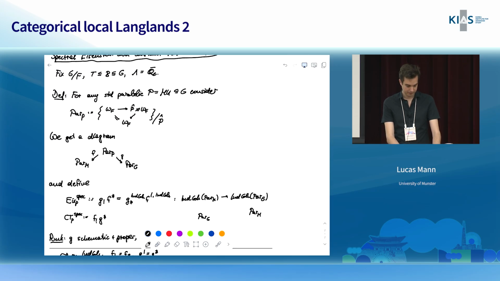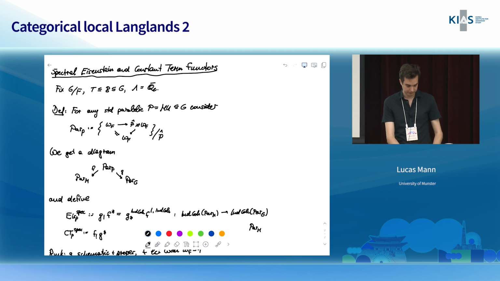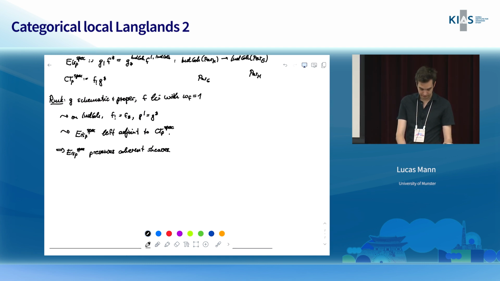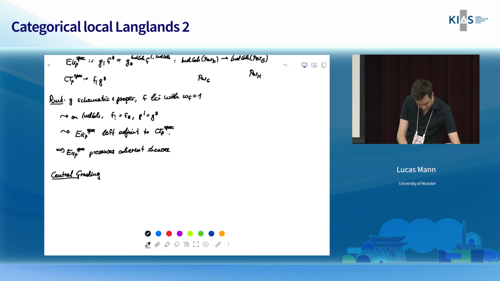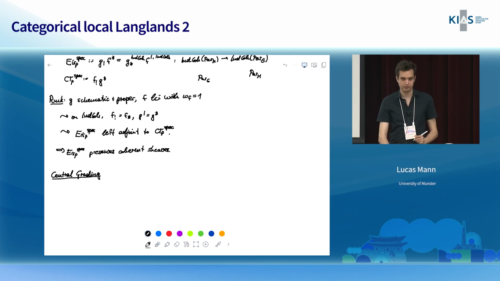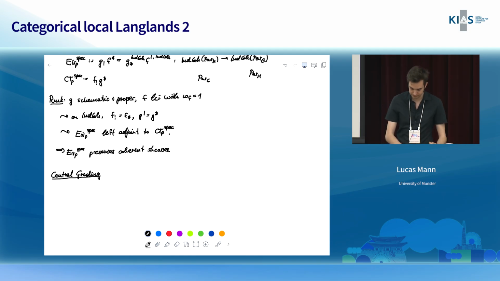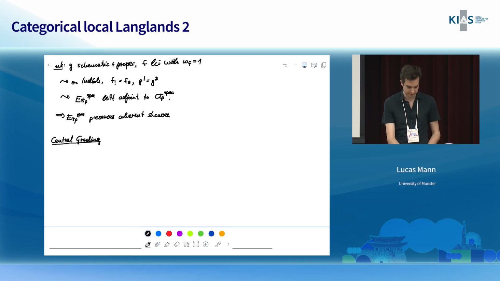Okay, so I've introduced these Eisenstein and constant term functors, and then there's one last ingredient I need in order to state the spectral geometric lemma: central grading. If I recall, this has not been discussed last week, so let me briefly give a definition.